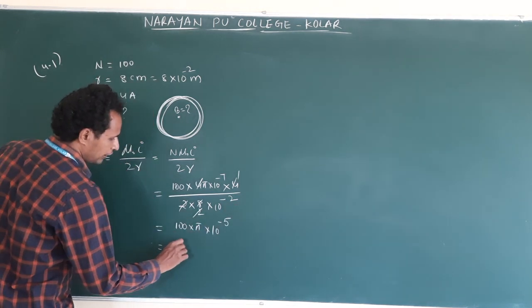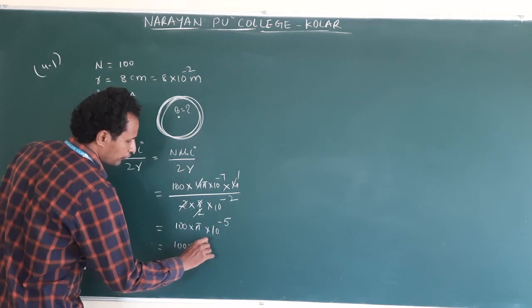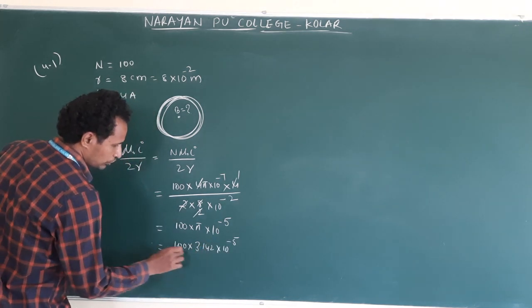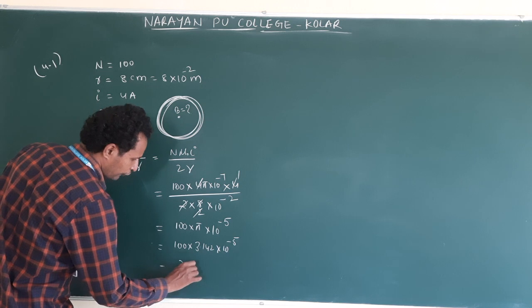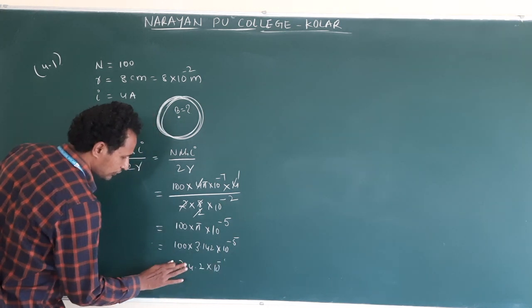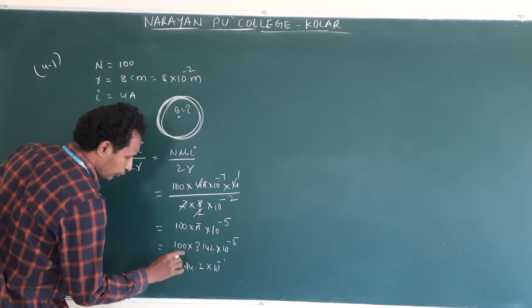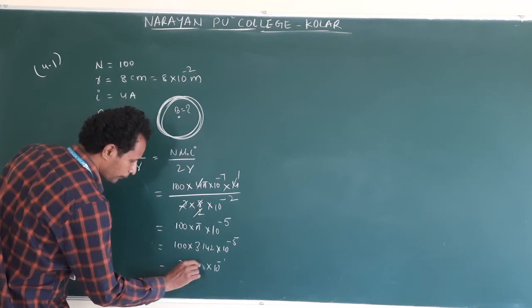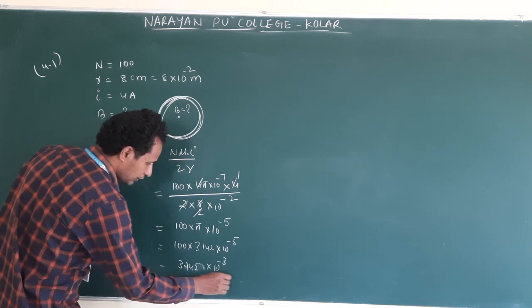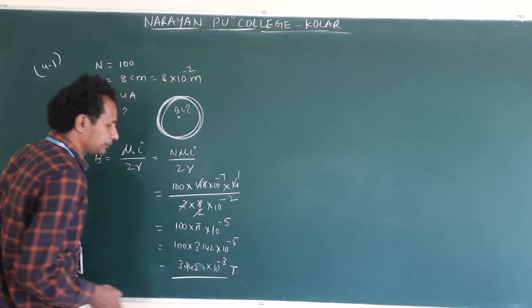So 100 into 3.142 into 10 power minus 5. So this is 314.2 into 10 power minus 5, you can write 3.14, 2 zeros go, minus 3 Tesla.